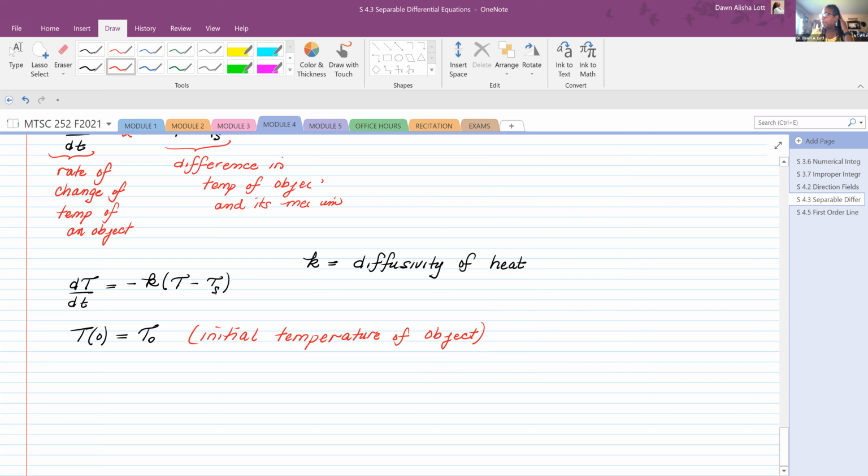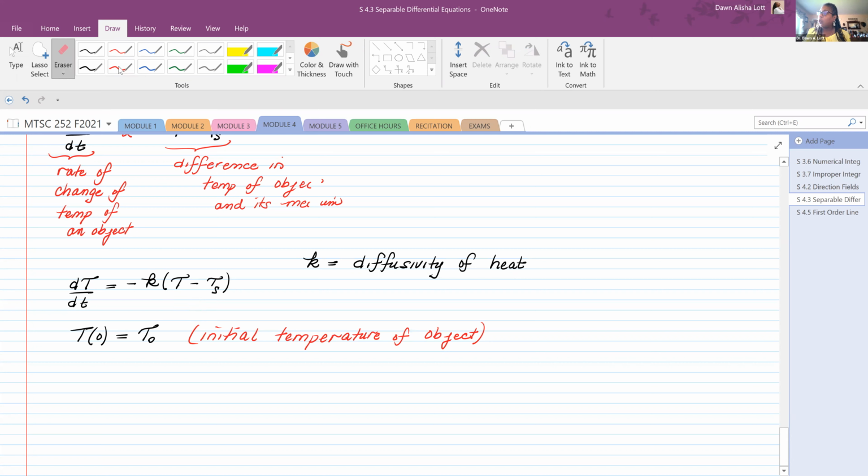When T is bigger than TS, that's positive, which means this value is negative. So the rate of change of T is decreasing, and you are losing temperature if you are hotter than the surrounding medium.